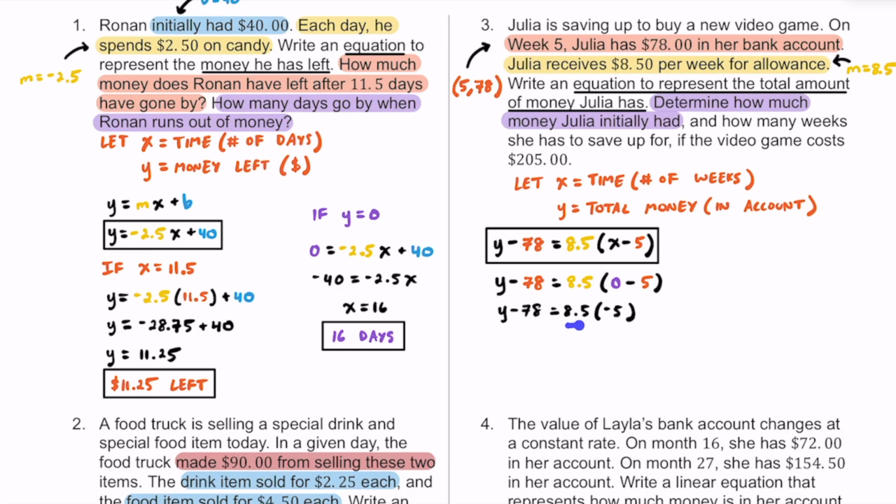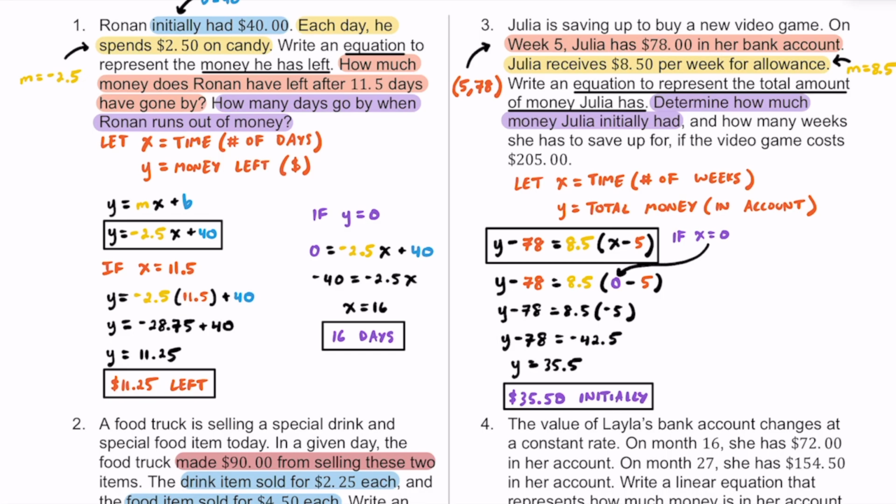Then if we multiply 8.5 times this negative 5, we're going to get y minus 78 equal to negative 42.5. And then if we add 78 to both sides, we're going to get y is equal to 35.5. And so this just tells us that before she started keeping track of how much she had to save for this video game, she already had $35.50 saved up.